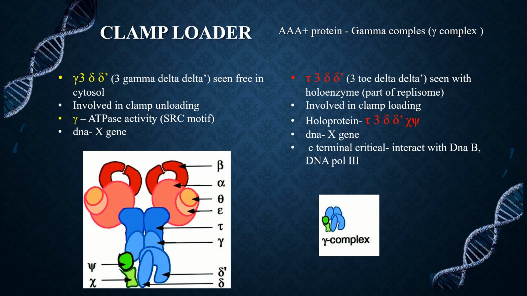The carboxy terminal of tau is very critical in determining the flexibility of replication. This tau interacts with helicase as well as with DNA polymerase 3. And each tau subunit contains an ATPase active site with an arginine finger as the catalytic motif.